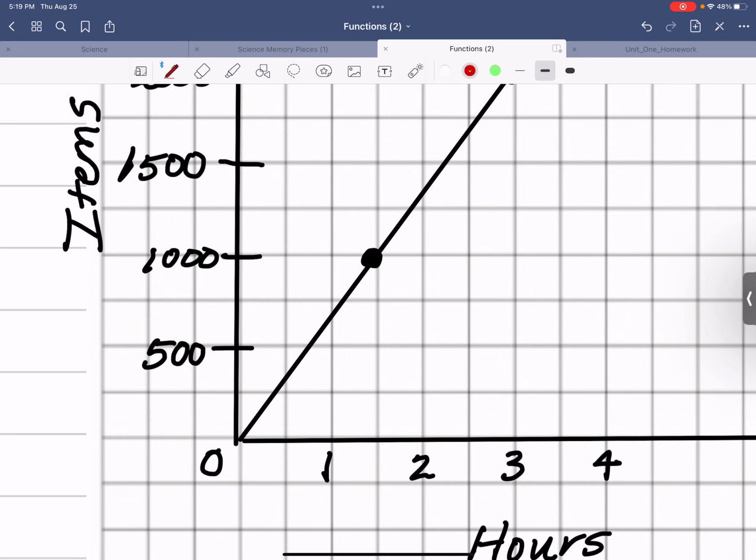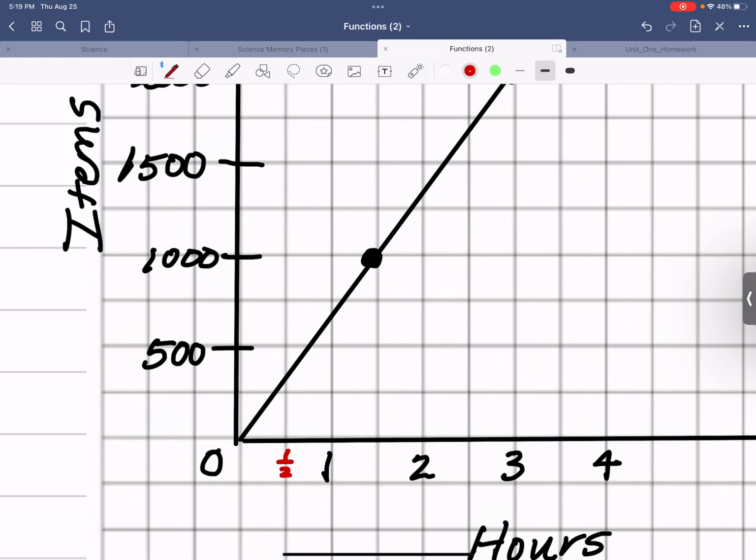On the bottom here, each line represents a half. Let me just do it this way. So you're talking about 0 hours. Here's half an hour or 30 minutes, 1 hour, 1.5, 2, 2.5, 3, 3.5, 4, and so on.